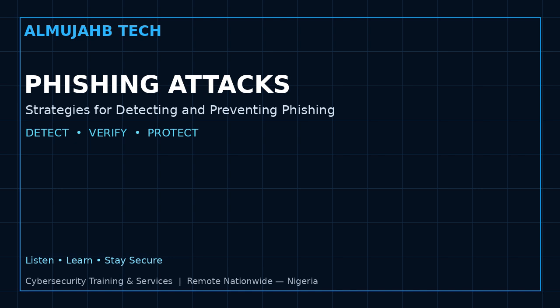Then the second strategy to identify a phishing attack is the content and the format. The content of the message that you received, be it on your SMS or your mail. Carefully read the contents and carefully look at the formats. A scammer at times makes mistakes in composing their messages.